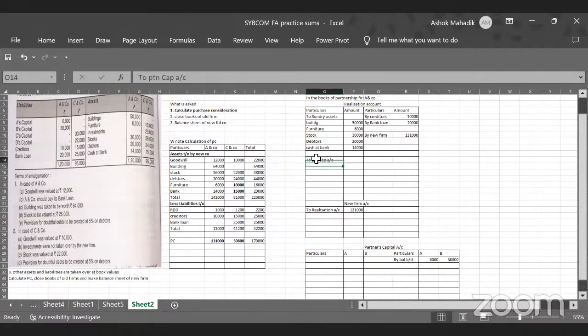If nothing is mentioned, take the same value, 20,000. And it will be transferred to partners' credit side by realization account. Use PSR to distribute the value. Achha, is there any PSR given to us?